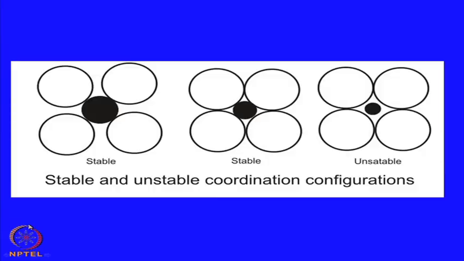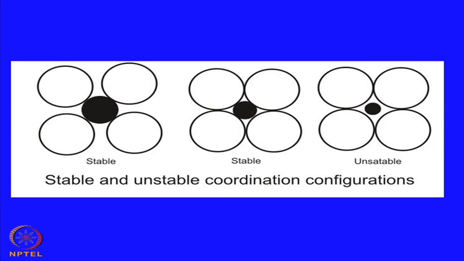However, when we are discussing oxides, we have to deal with two different ions. One is the cation and the other is the anion. In an oxide, of course, the anion is always oxygen, but there will be different kinds of metals or metal ions present in different kinds of oxides. And you may well imagine that their sizes are different.